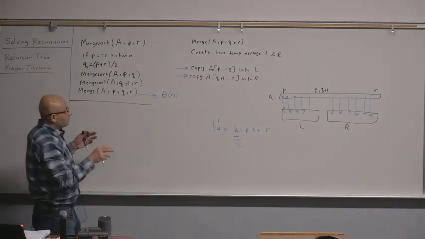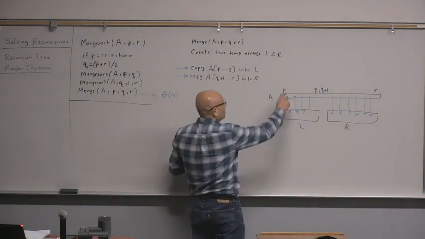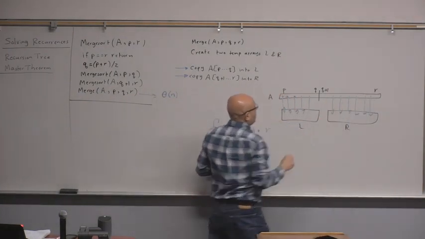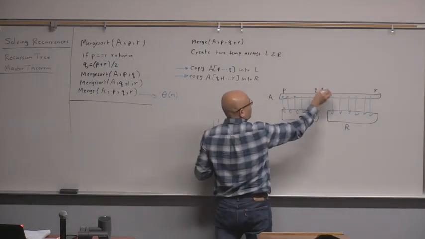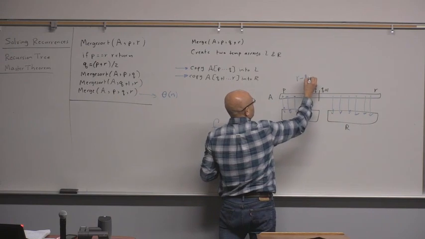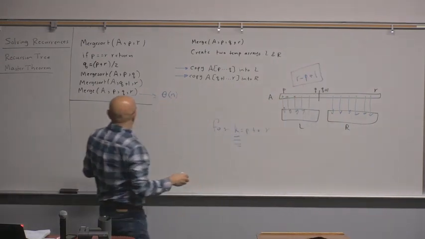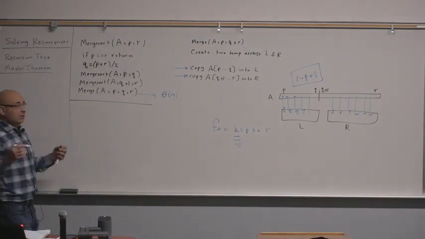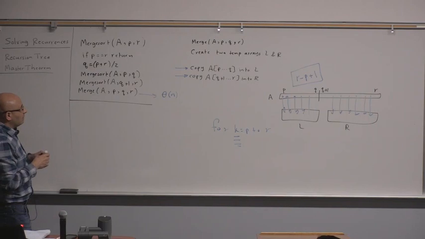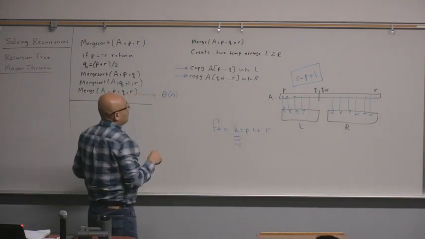So in fact, for any subarray that goes from p to r, the number of steps is going to be the difference between r and p. So it's r minus p plus 1. Well, it's theta of n for every n, for every pair of values p and r.